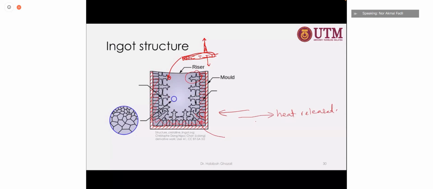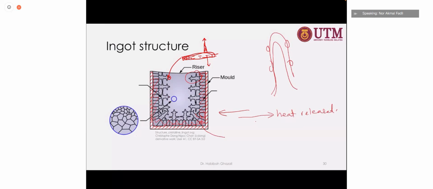For the dendritic, imagine, what we call it, like a tree. Like a tree. When a branch grows, it will grow larger and larger, and it tries to find one region to grow.